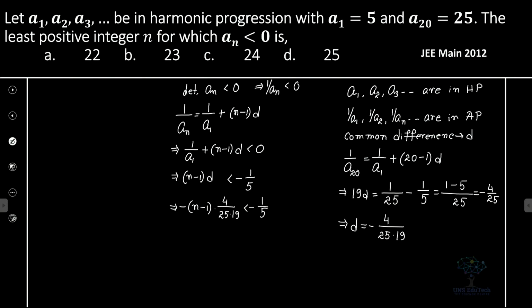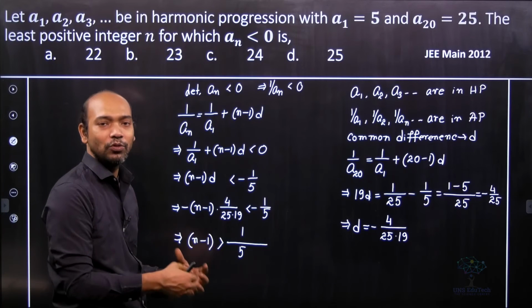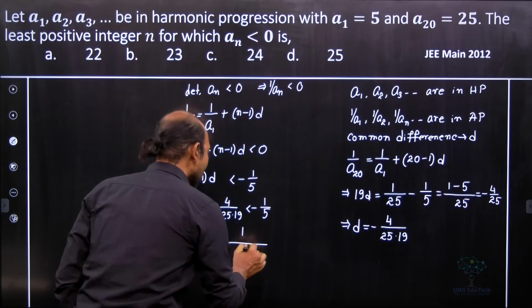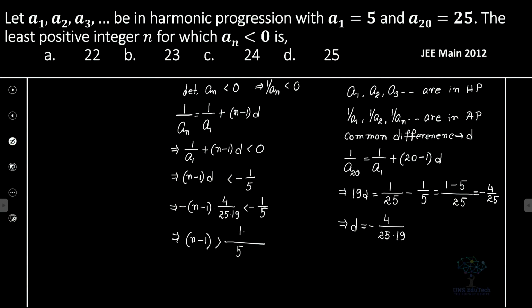Now we have to multiply both sides by minus 1. So n minus 1 is greater than 1 by 5. Now here, this 4 into 25 needs to be multiplied, right? So it becomes 25 into 19 into 4. So we can easily find that n minus 1 is greater than 5 into 95, so it is 95 divided by 4.